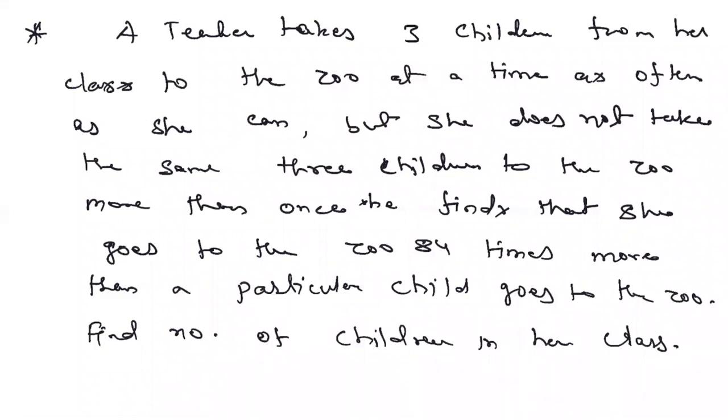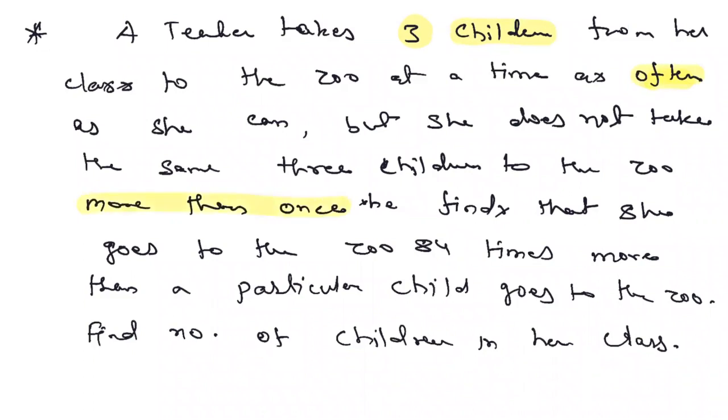See, the first thing here is that 3 children are going to the zoo as often as possible, but no 3 are going more than once, right?